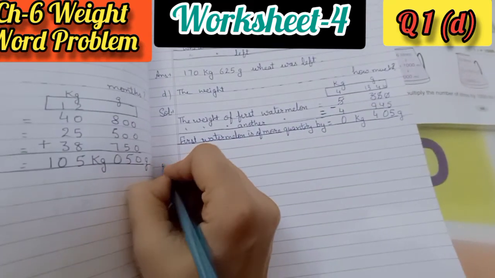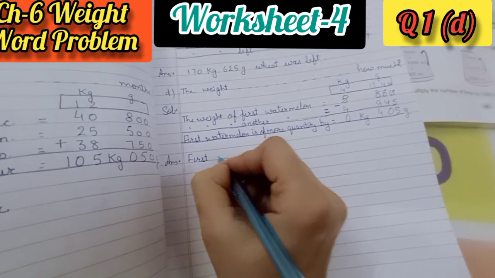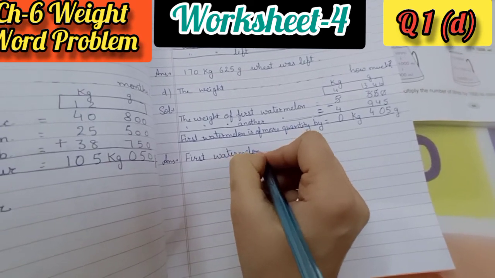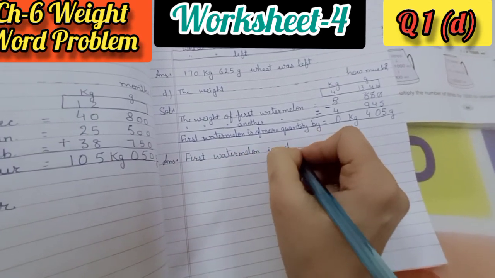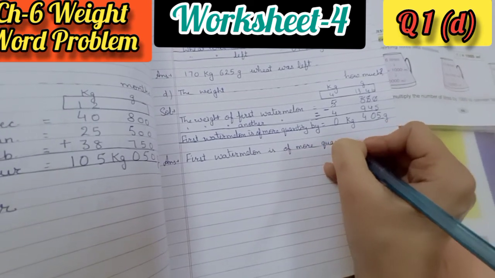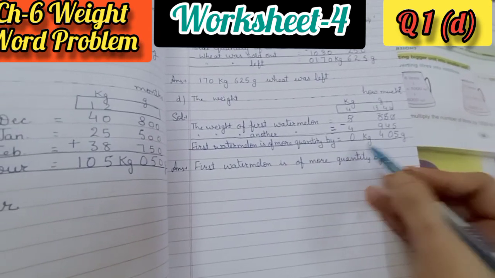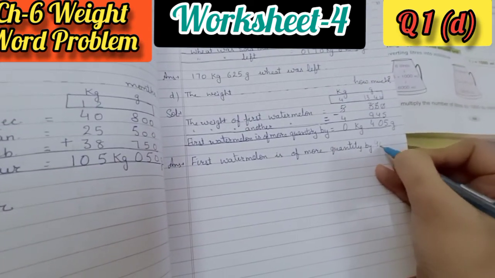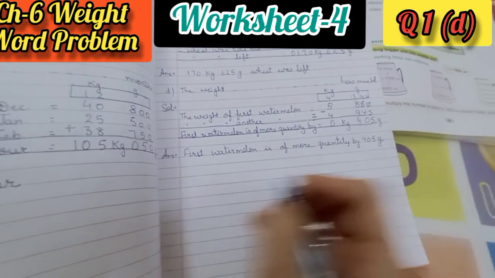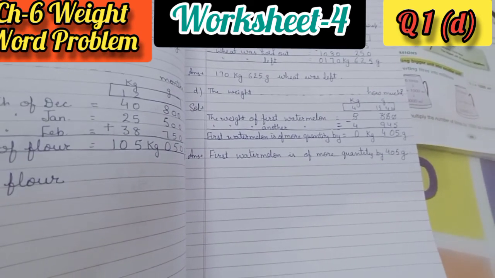So in answer we will write, first watermelon is of more quantity by, no need to write 0 kilogram, only in grams you will write 405 gram, and this will be your answer. And this completes your worksheet 4 and unit 6.